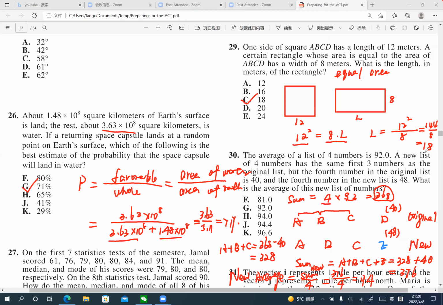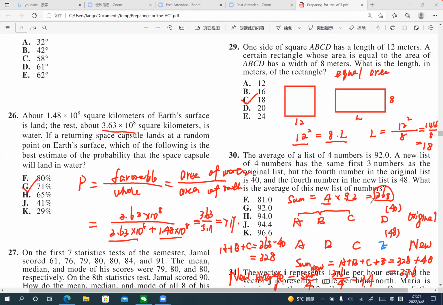And the new list is still 4 numbers, but the fourth number is different. I use A, B, C, D to represent the 4 numbers of the original list, and A, B, C, E to represent the 4 numbers of the new list. And the fourth number of the first list is 40.